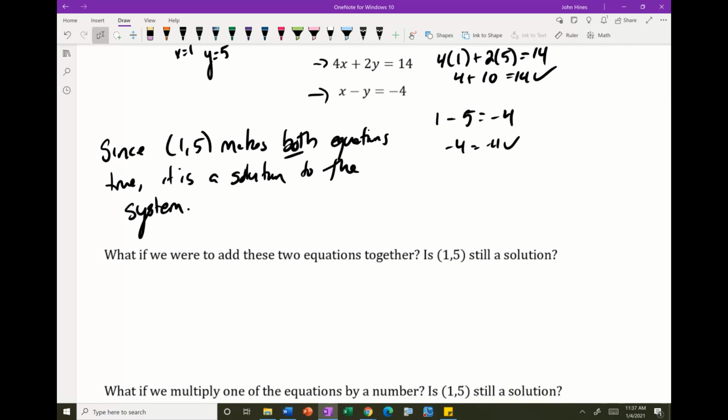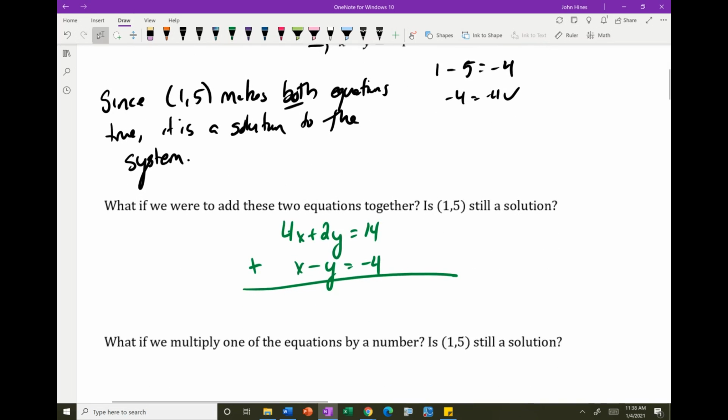Well, what if I was to add these two equations together? So if I take these two equations here and kind of smush them together, if I add these two equations together, I'm going to get a new equation. So let's see what happens when I smush these two equations together. So 4x and 1x gives me 5x. 2y minus a y gives me 1y, and that equals 10.